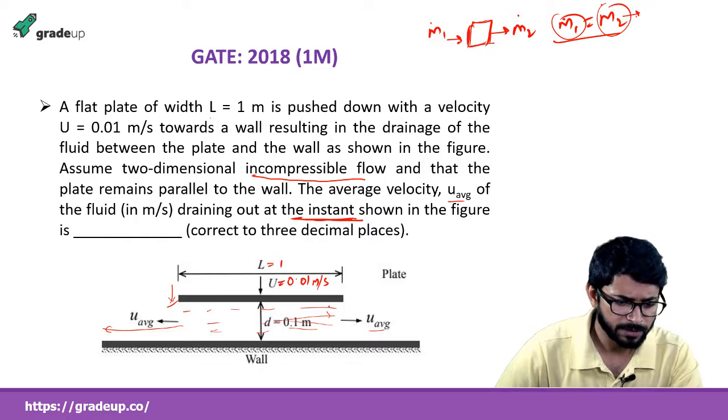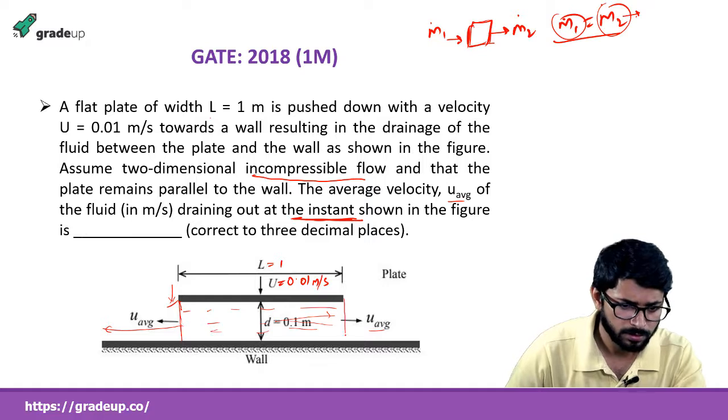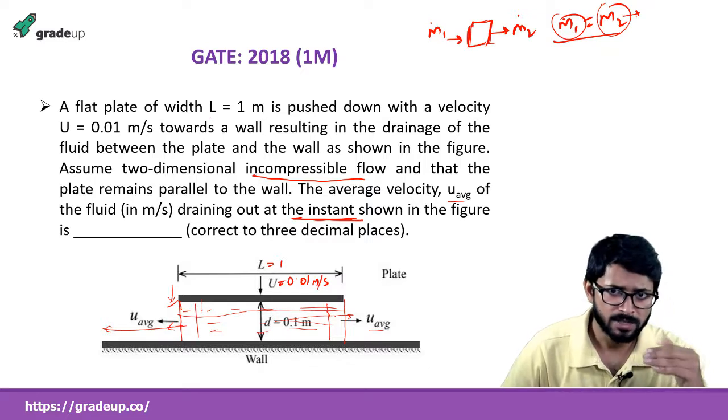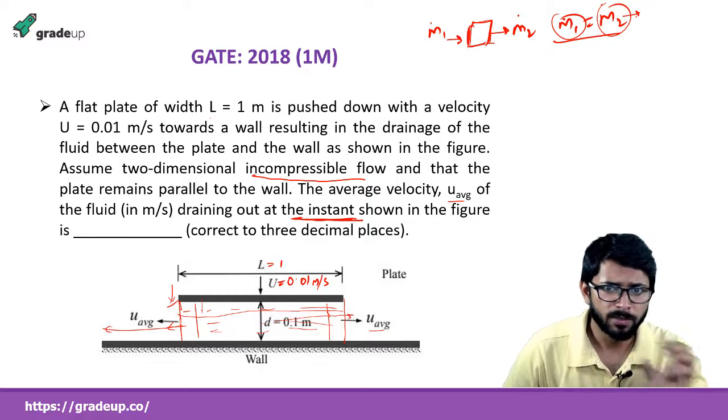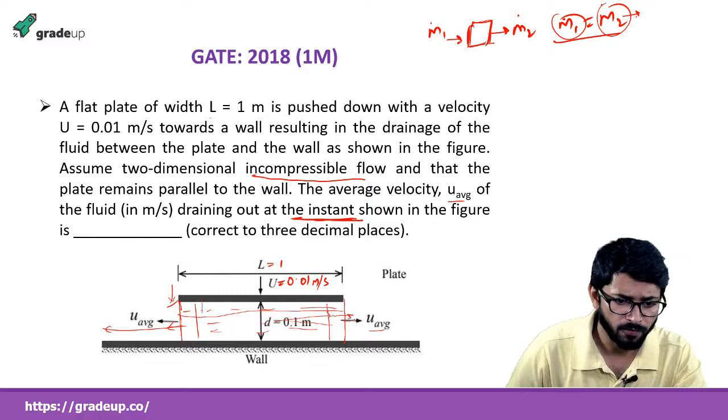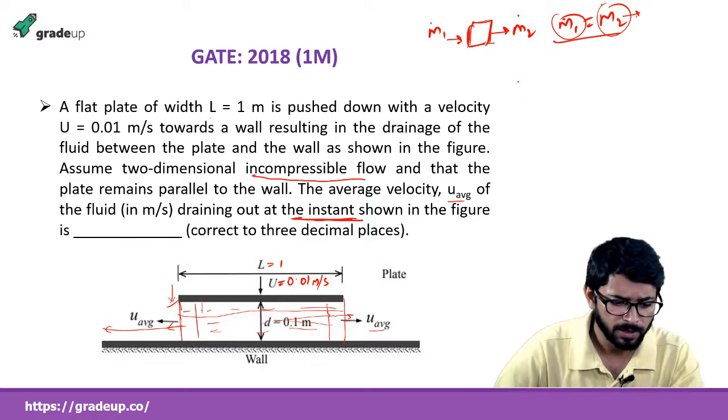So here, by conservation of mass, we can say that the mass that the upper plate displaces downward, that much mass will be coming outward from both the directions. So we can write the amount of fluid that is coming out from the drainage part as twice the mass.